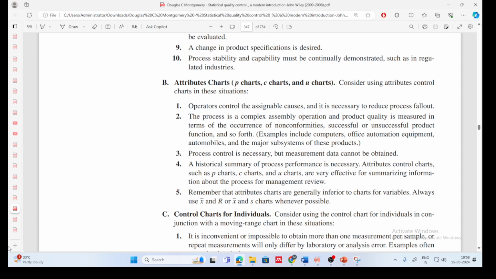Remember that attribute charts are generally inferior to charts for variables. They are not as good as control charts for variables, because the X bar and R charts give superior results compared to the inferior attribute charts. So always try to use the X bar and R or S chart whenever possible.